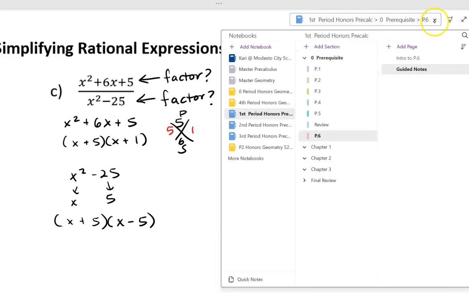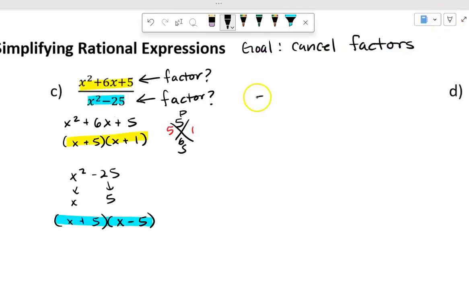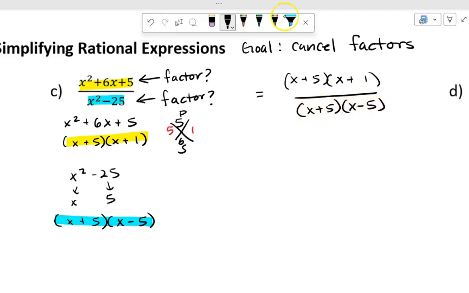I'm going to quickly color code to show you. I'm going to rewrite it off to the side. I've got x plus 5 on top with another factor x plus 1 right next to it, all over x plus 5, x minus 5.